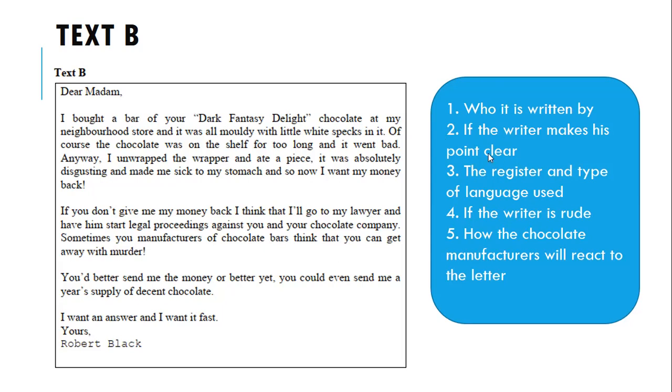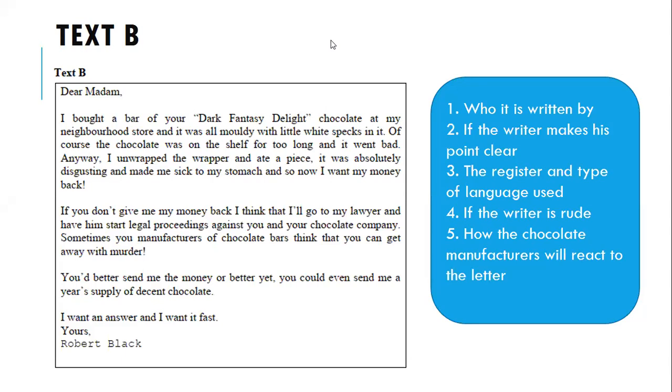Okay, number 3. Yes, number 2, the point is clear. Number 3, the register and the type of language used. Do you think it's a proper register, proper language expressions? What do you think? Is it formal letter or informal letter? It's informal letter.